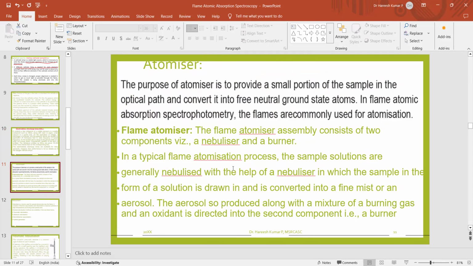In a typical flame atomization process, a sample solution is nebulized with the help of a nebulizer, in which the sample in the form of solution is drawn in and converted into a fine mist or an aerosol. The aerosol so produced, along with the mixture of a burning gas and an oxidant, is directed towards the second component, that is the burner.